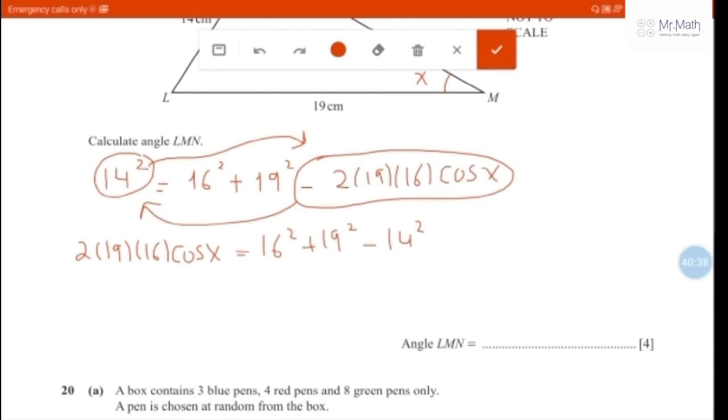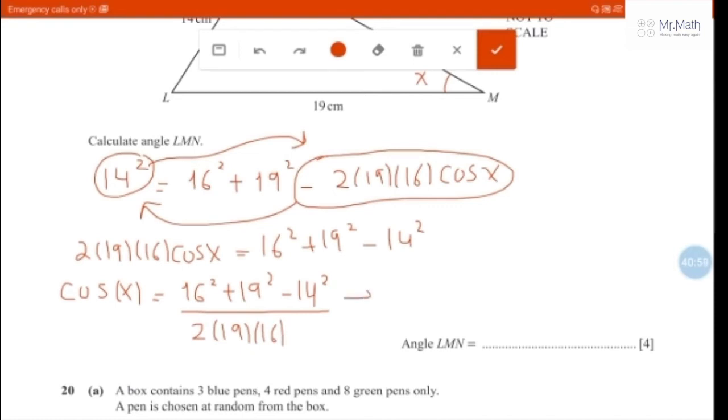So cosine x is equal to 16 squared plus 19 squared minus 14 squared divided by 2 times 19 times 16. So to find x, it is cosine inverse of, so 16 squared plus 19 squared minus 14 squared is 421, and 2 times 19 times 16 is 608.